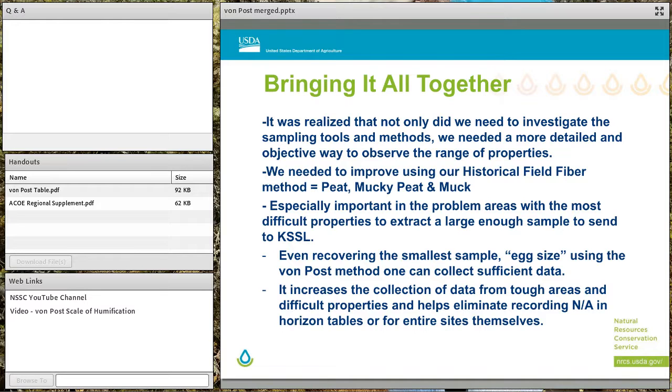So what I really want to focus in on is that even if you aren't able to pull out a large amount of soil, you can pull out a sample size as small as an egg size that fits in your palm, and you can use the von Post method and collect sufficient data rather than not being able to collect any data and being able to tie it to either that site or that horizon.